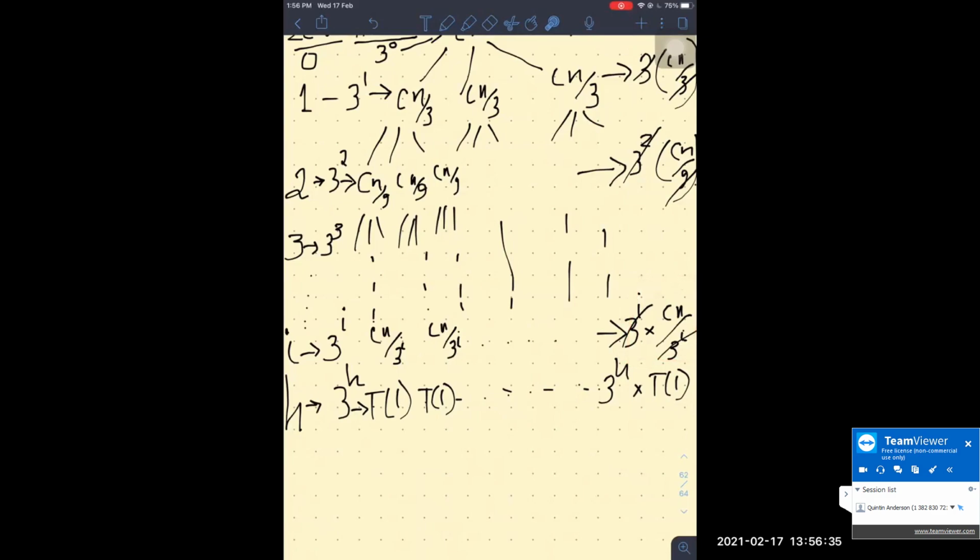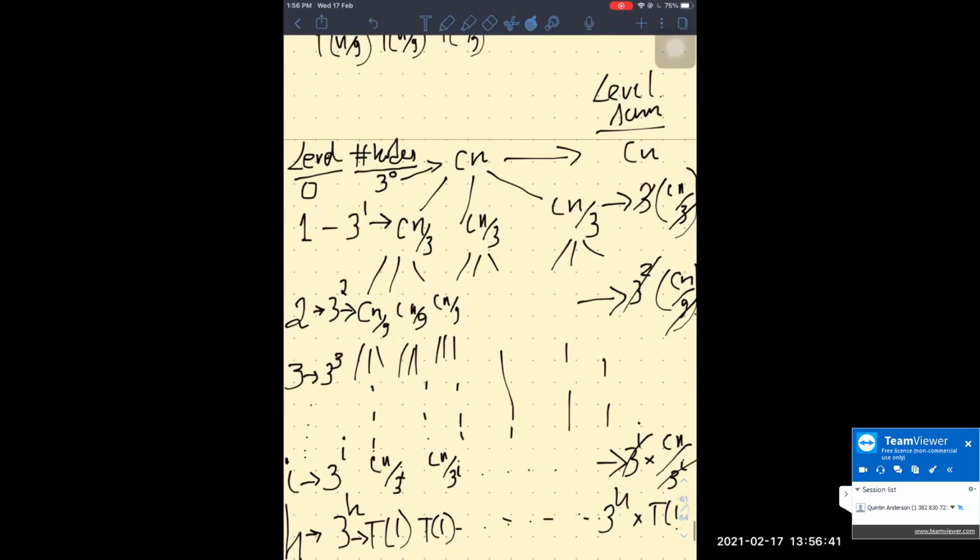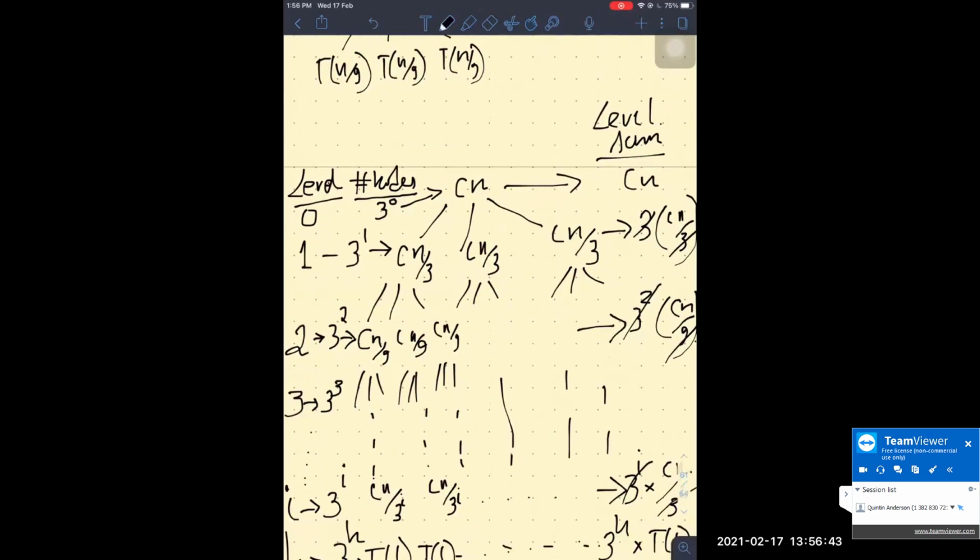No. I'm sorry. Can you show us where we got the c of n over 3 to the power i again from? Okay, so if you see in level 1, we had 3 to the power 1 nodes and each of their values were c times n divided by 3. Oh, so we just carry the first level down to the bottom. Yeah, exactly. Similarly for the second one, it was that.